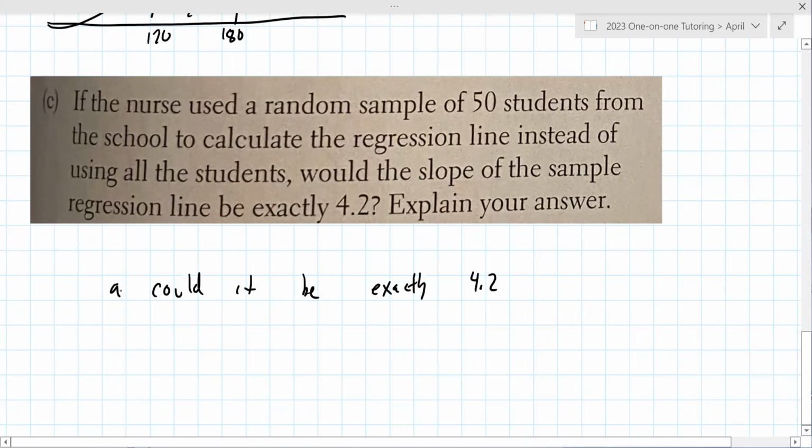That's kind of the way I would ask it, and let's just see how you answer that. The nurse used a random sample of 50 students from the school. And if you're not sure of an answer, I'll pose a different scenario to try to explain this. The slope of these regressions might be exactly 4.2.